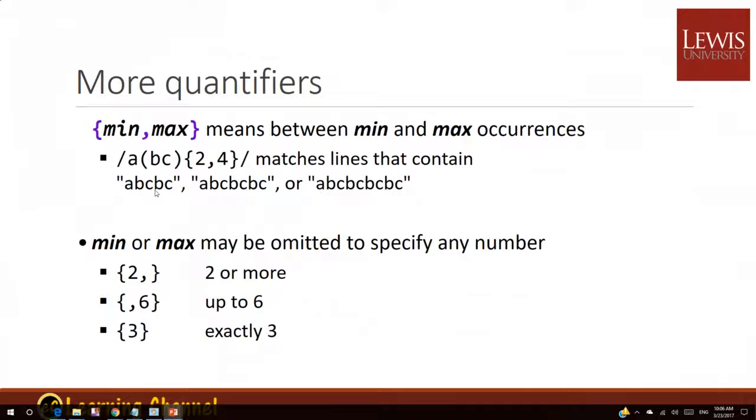So it can be ABCBC, or ABCBCBC, or ABCBCBCBC. These 3 patterns are matching this. Min or max can be omitted to specify any number. So if max is omitted, that means 2 or more. And if min is missing, that means up to 6. If comma is missing, that means it's exactly 3 times.